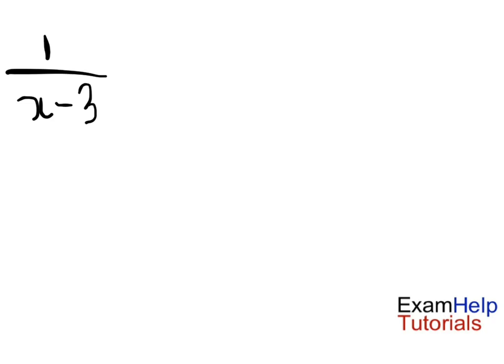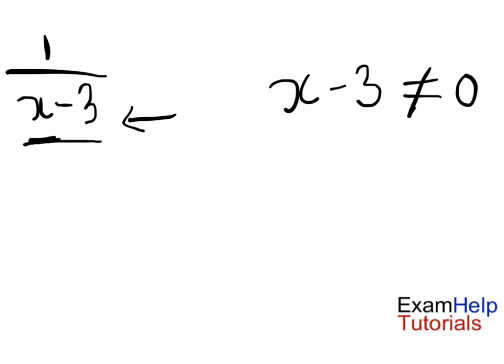Well, we can't have 0 on the bottom here, which means that x minus 3 cannot equal 0, which means that x cannot equal 3.